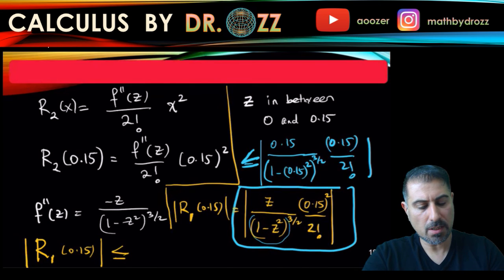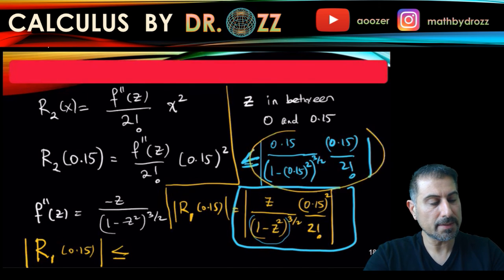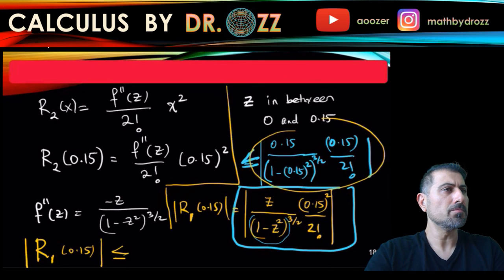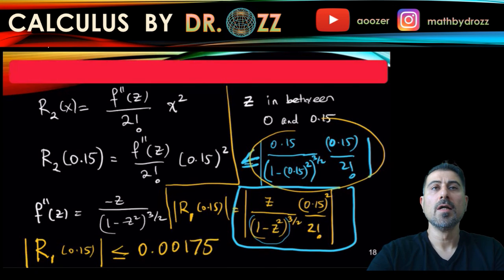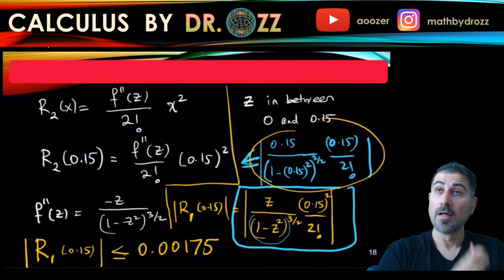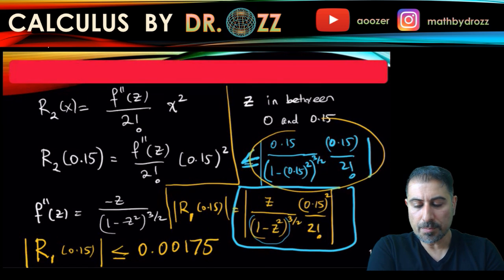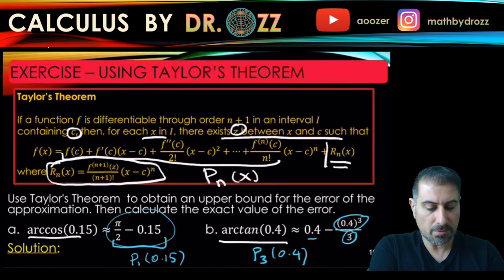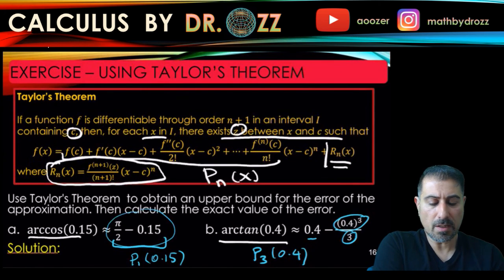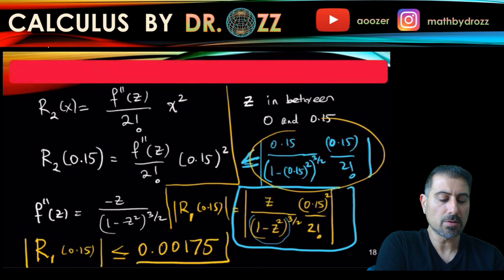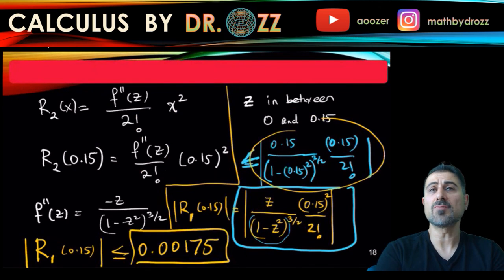So this number, if you calculate that, is going to be 0.00175. Okay, so if you retain only 2 terms in the sum, that means you're looking at P1 to approximate the value of arc cosine at 0.15. The maximum error that you can make is this much. So it's almost at the level of 10 to the minus 3. Okay.